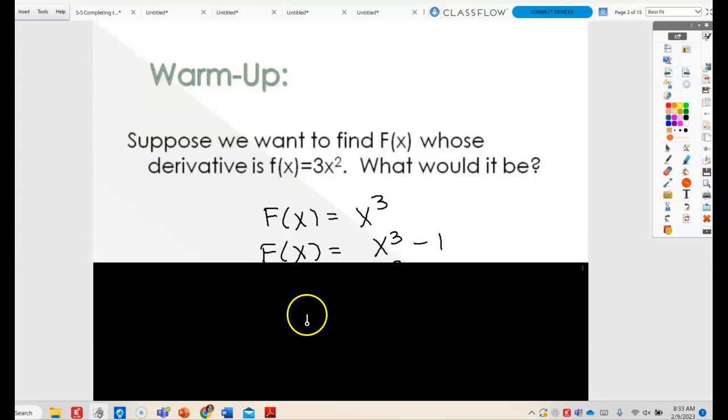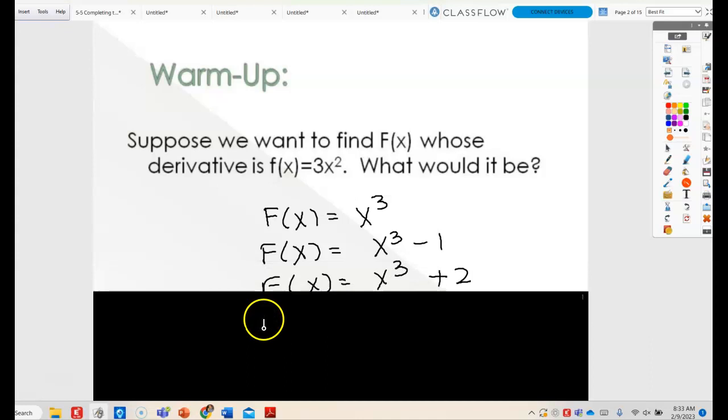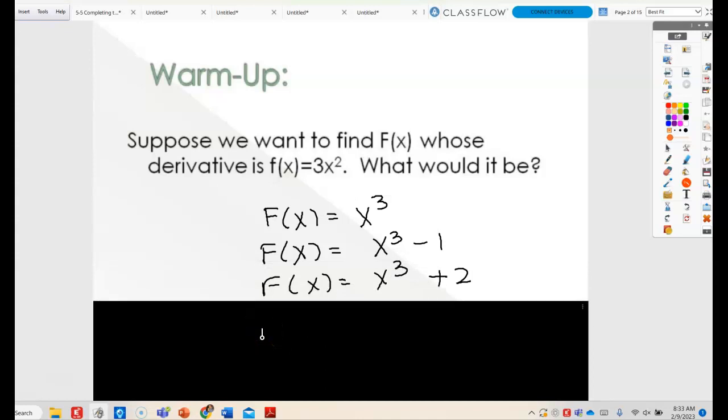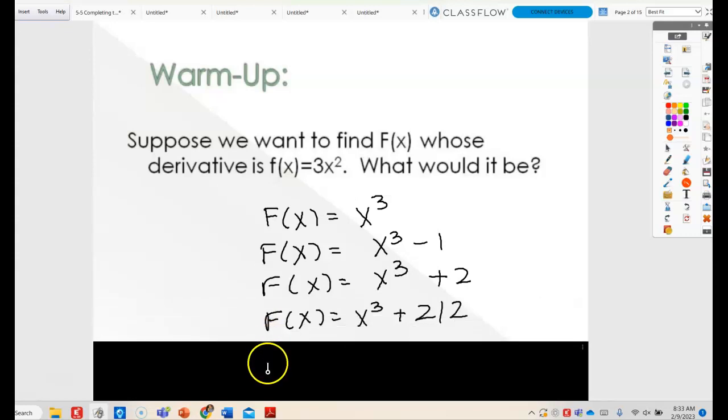So you could make capital F of x x cubed minus 1. You could make capital F of x x cubed plus 2. Like, there are an infinite number of actual choices that could follow capital F of x, x cubed plus 212. There are an infinite number.